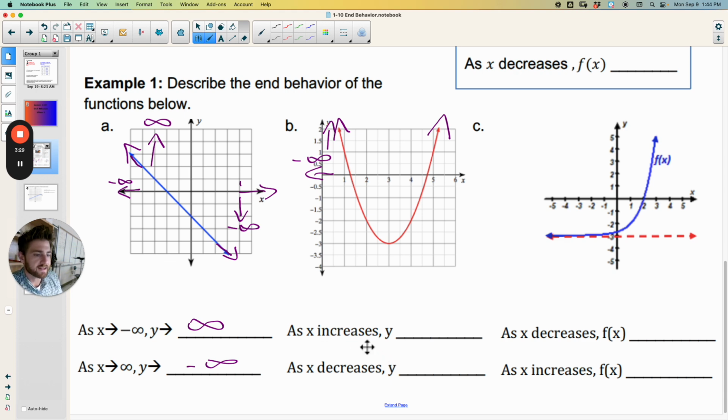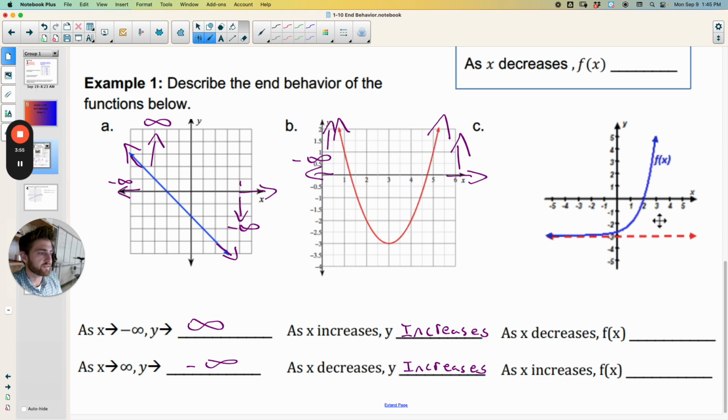So we'll say as x increases, y increases. And then since this is a quadratic, we know that this other one over here has to be the same thing. So you'll see that as x increases, what is y doing? It's also increasing because it is a quadratic, and the arrows are pointing in the same direction.